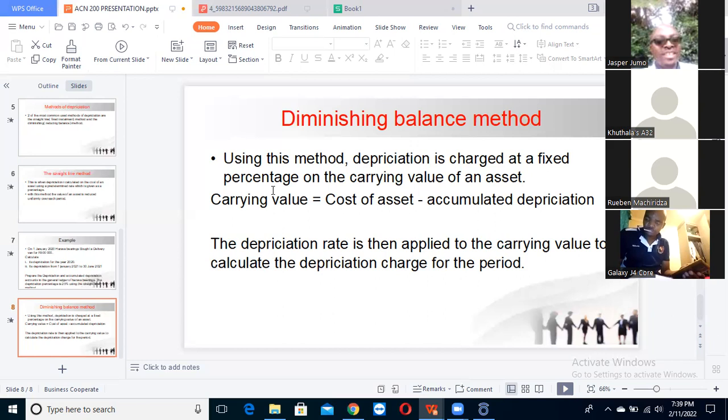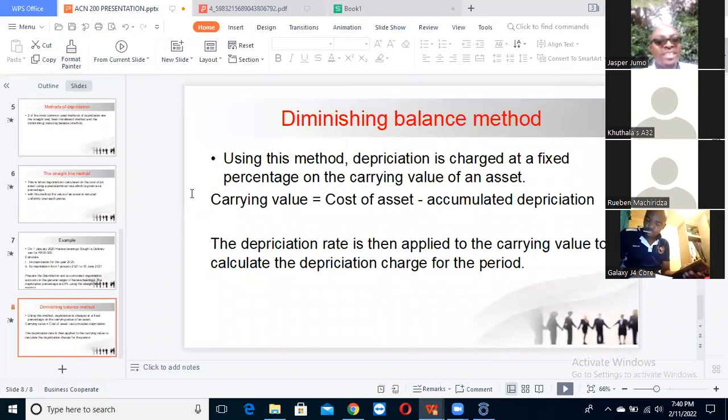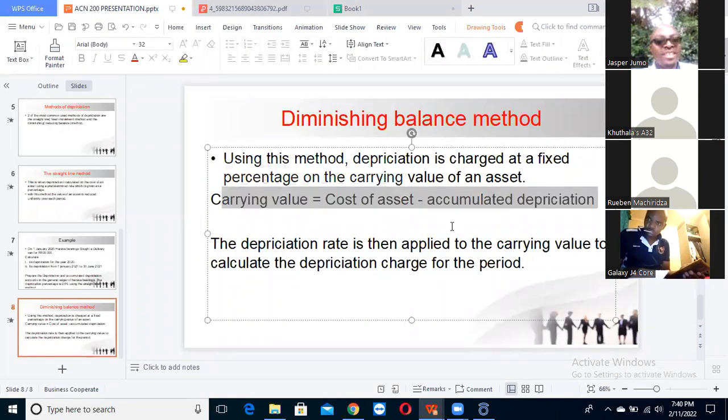What is the carrying value of an asset? The carrying value of an asset is the value of an asset, the ones that we have calculated just now. We can call it carrying value. So it's the value of the asset subtract accumulated depreciation. This becomes the carrying value. And you see the formula is here. So the carrying value equals the cost of the asset subtract the accumulated depreciation.